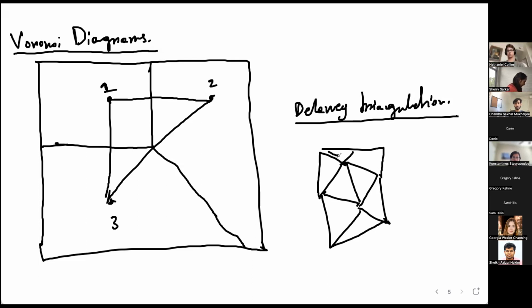So this is a typical Delaunay triangulation.